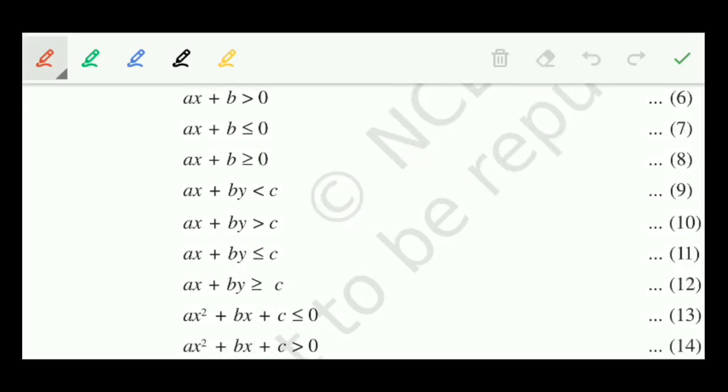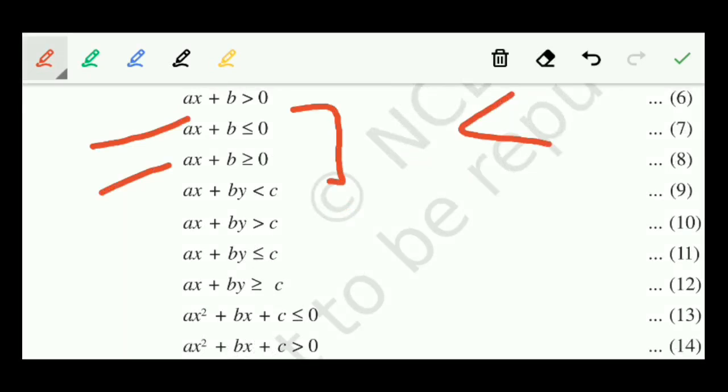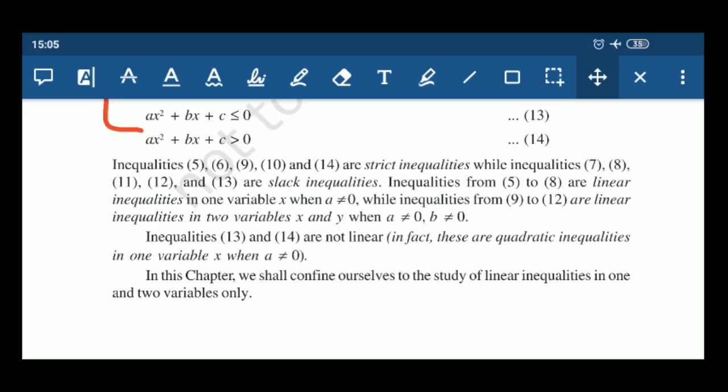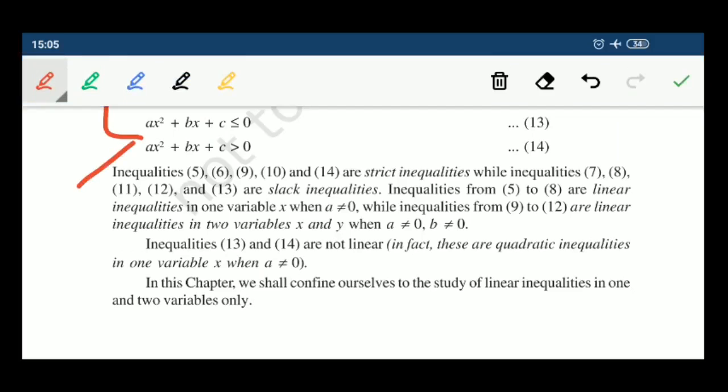Now you can see these where the sign of less than or equal to is given. These types of inequalities are known as slack inequalities. Once again, inequalities 5, 6, 9, 10 and 14 are strict inequalities, while inequalities 7, 8, 11, 12 and 13 are known as slack inequalities.